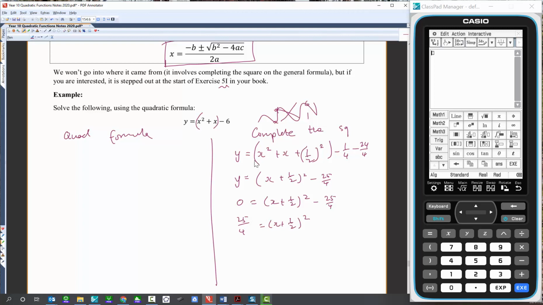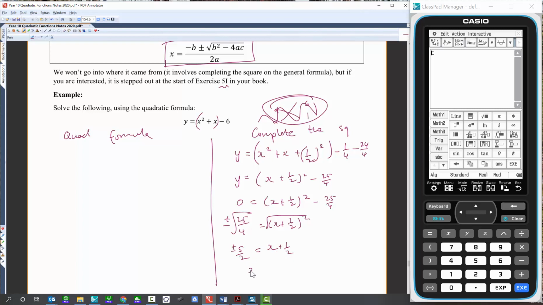I actually think that this would have solved via the cross, which is fine. This is absolutely fine to see this happen. Right, so root both sides, plus or minus. So we can actually evaluate this one here. That's going to be plus or minus 5 on 2 equals x plus a half.